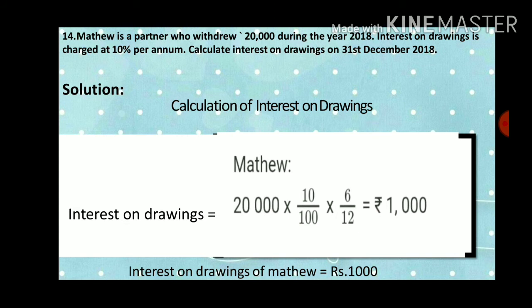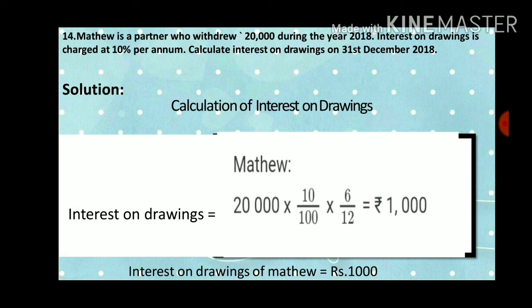Then next exercise number 14. Matthew is a partner who withdrew, more or less the same meaning. Withdrew 20,000 during the year 2018. Interest on drawing is charged at 10% per annum.